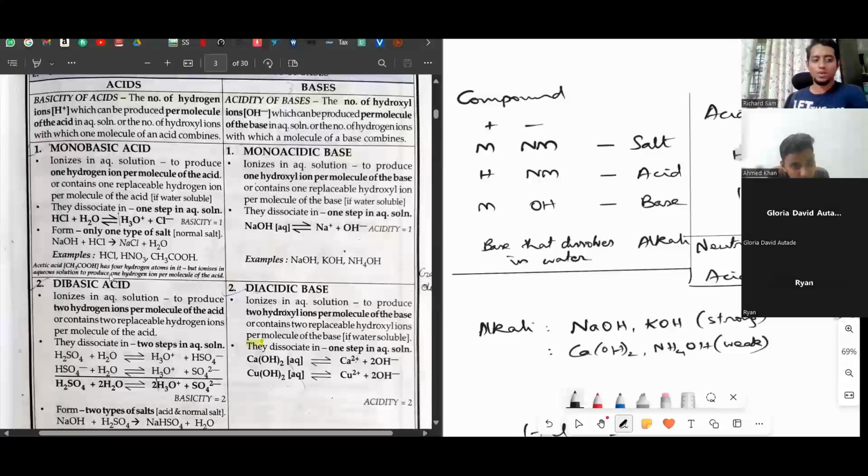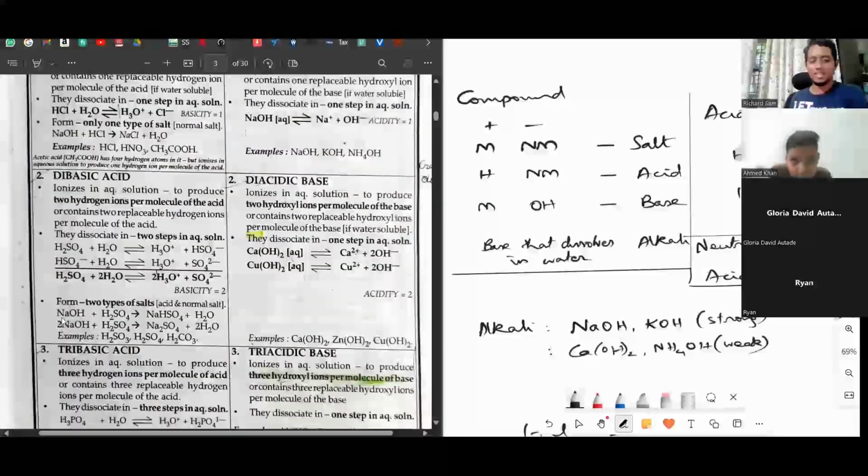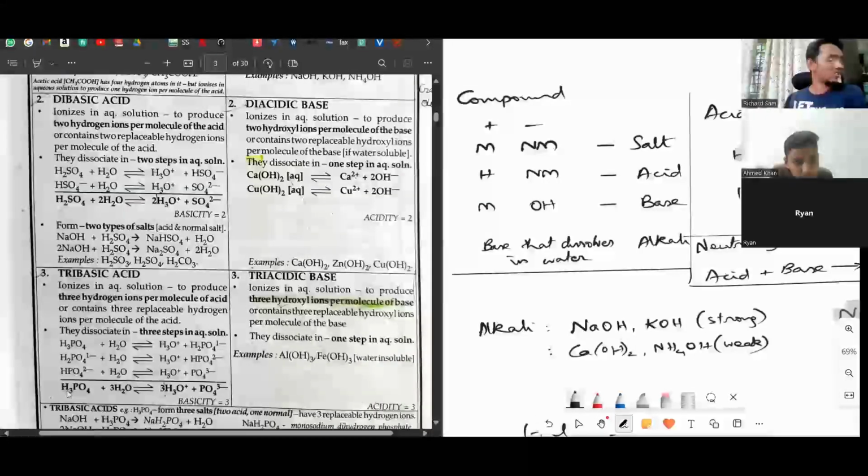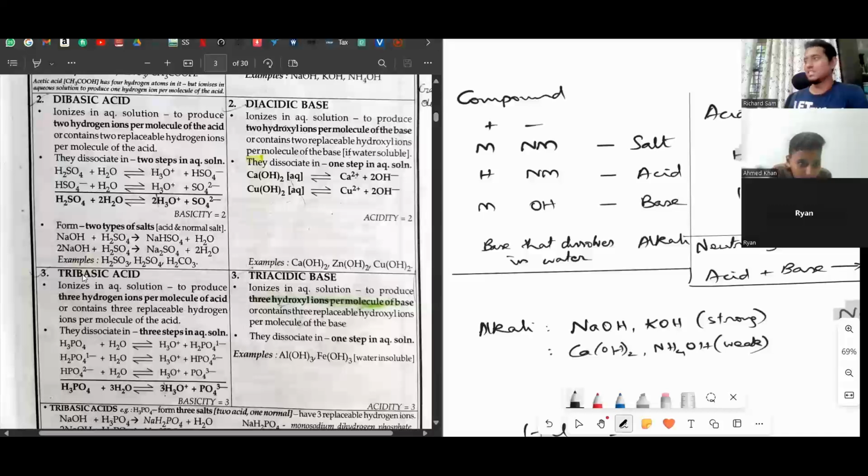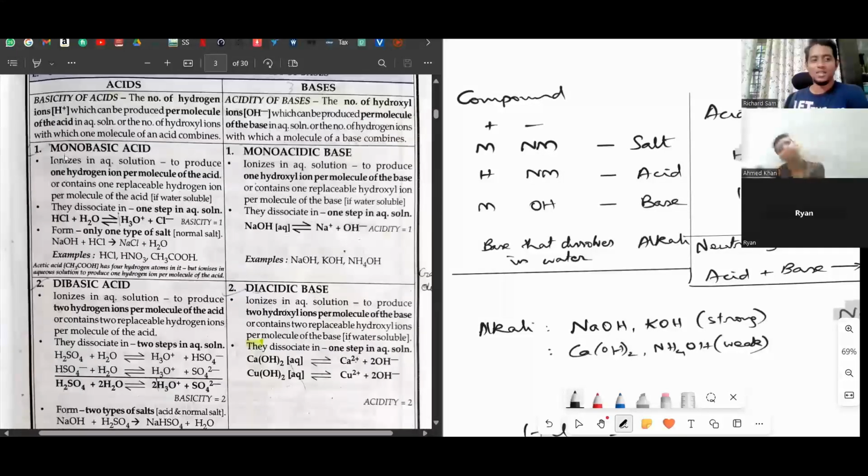So if there's only one hydrogen ion, then that's a monobasic acid. If there are two hydrogen ions, dibasic acid. And if there are three hydrogen ions, tribasic acid. Give me examples of monobasic acids. HCl, HNO3.